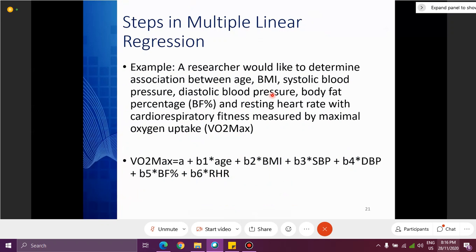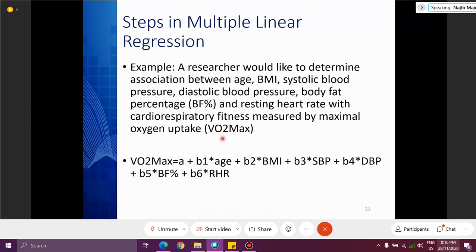Okay, so for example, a researcher would like to determine the association between age, BMI, systolic blood pressure, diastolic blood pressure, body fat percentage, and resting heart rate with cardiorespiratory fitness level measured by maximal oxygen uptake capacity, VO2 max.